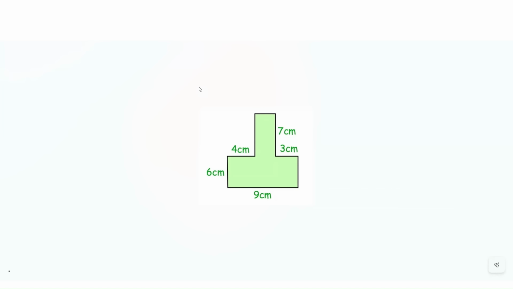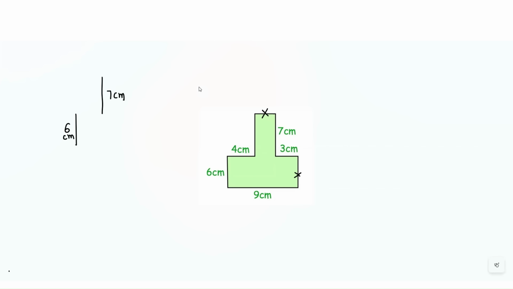In this shape also, we have some missing side lengths, this one and this one. So to calculate the perimeter of this shape, we need to find the side lengths of these missing sides. For that, as I told you, first we will draw all the vertical lines. They have given us 6 centimeter, and this vertical line they have given us 7 centimeter.